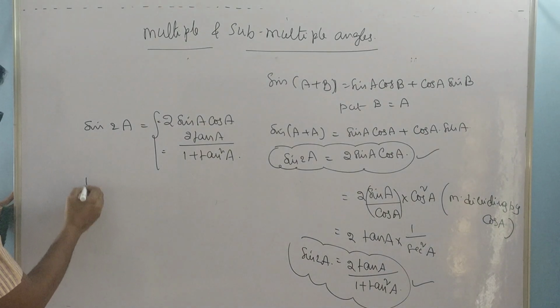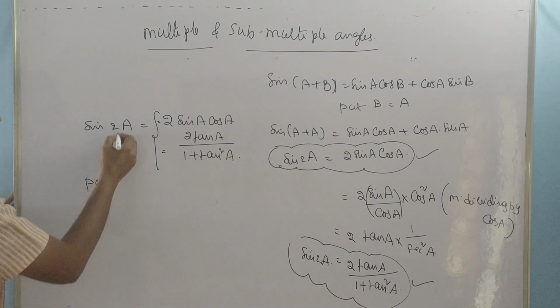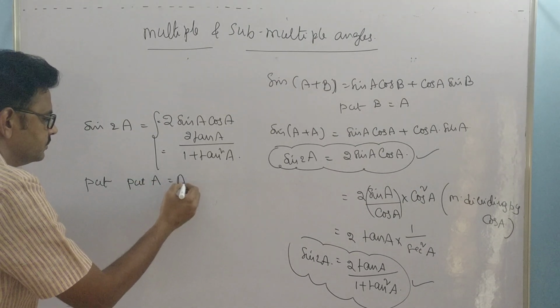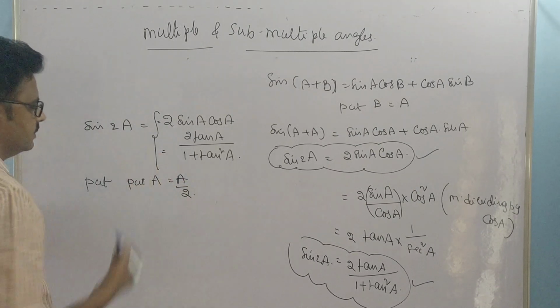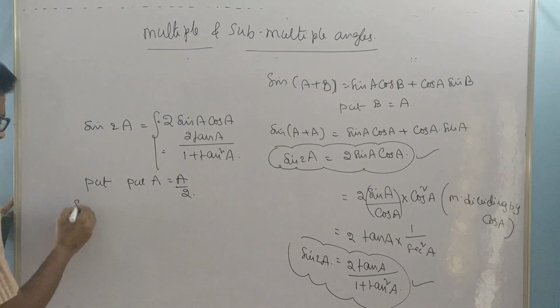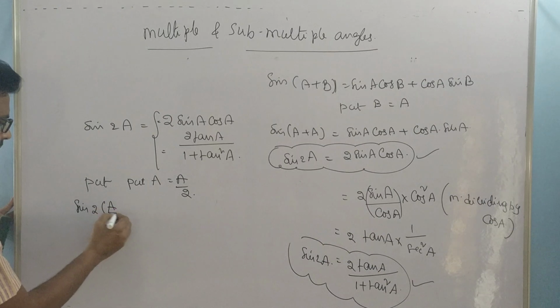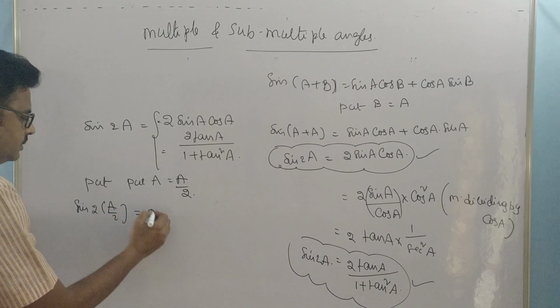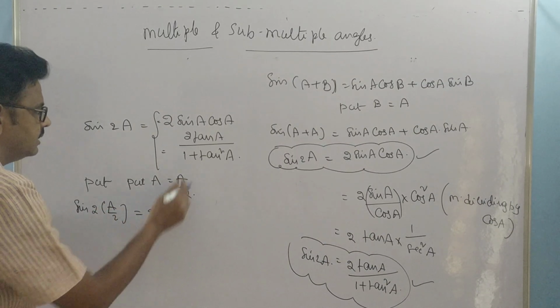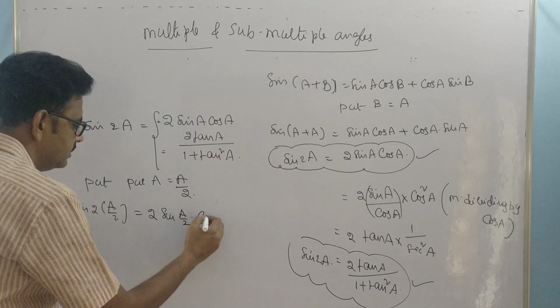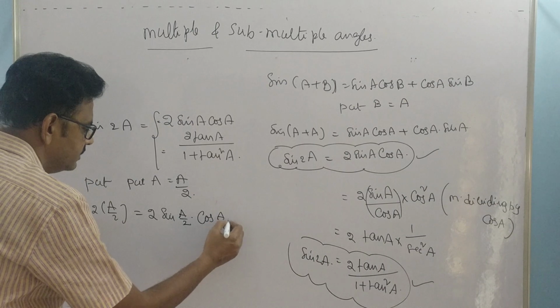And also here in this formula put A is equal to A by 2. Then sine of 2 into A by 2 is equal to 2 sine, in place of A write A by 2: 2 sine A by 2 into cos A by 2.